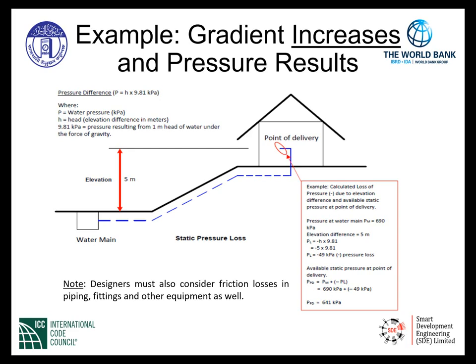The pressure at the main is 690 kilopascals, and we add that to the pressure loss of 49 kilopascals. The resultant static pressure at the point of delivery is then 641 kilopascals. Now, designers must also consider friction losses in the piping, fittings, and other equipment as well as the total design for pressure loss in the system.